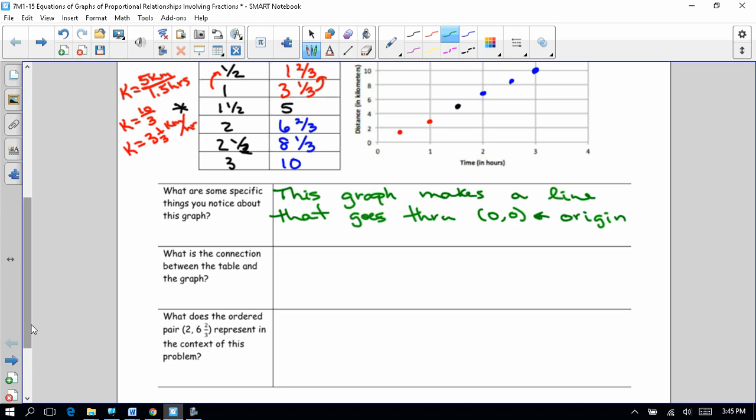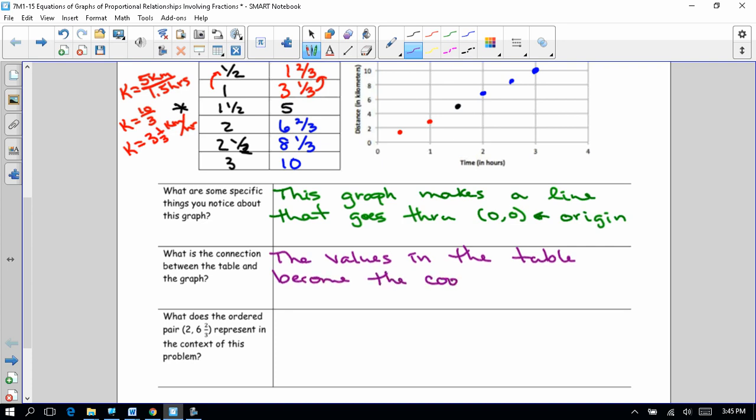Well, all the values in the table become the coordinates of the graph.